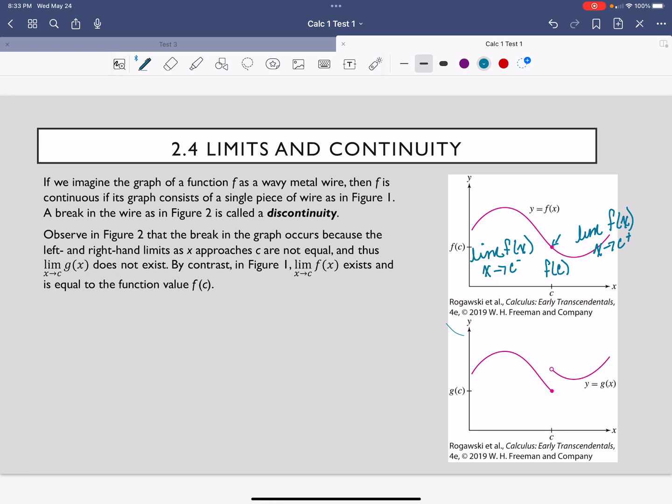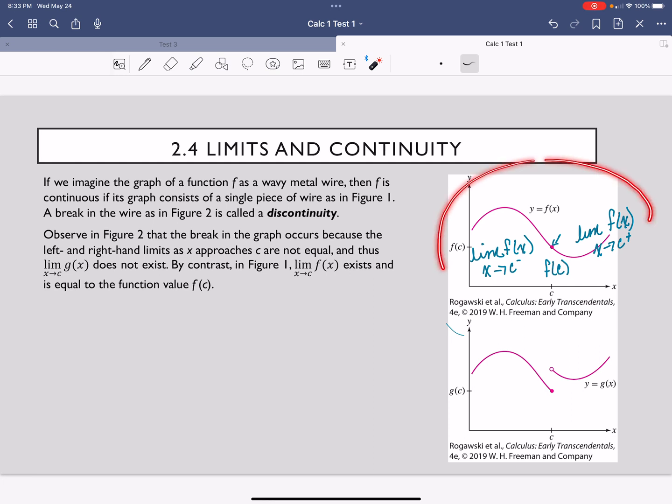So we've got three different things going on right here. We are looking for the limit of this function as it approaches from this direction. We're looking at the limit as it approaches from this direction, and we are looking at the value of the function at c. When all three of these things are equal to each other, then we have a continuous function.